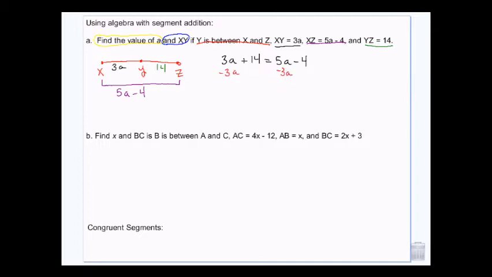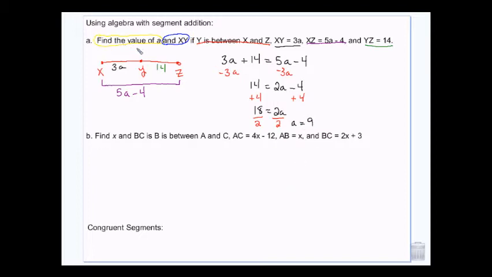You can subtract 5a from both sides or 3a from both sides, that doesn't matter. Then I'll add 4 to both sides. And then I'll divide by 2 to get that a is equal to 9.